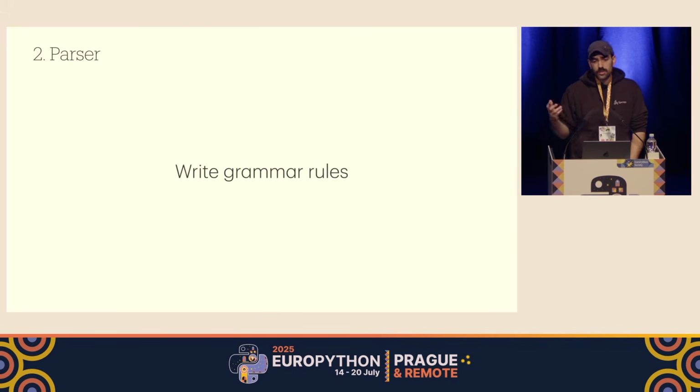So in order to change the parser when new syntax arrives, we just need to write grammar rules. We actually, most of the time, don't need to touch any code. It's just writing those grammar rules to understand that new syntax. The only thing that we need to write in terms of code is how to generate the AST in case those new rules succeed.